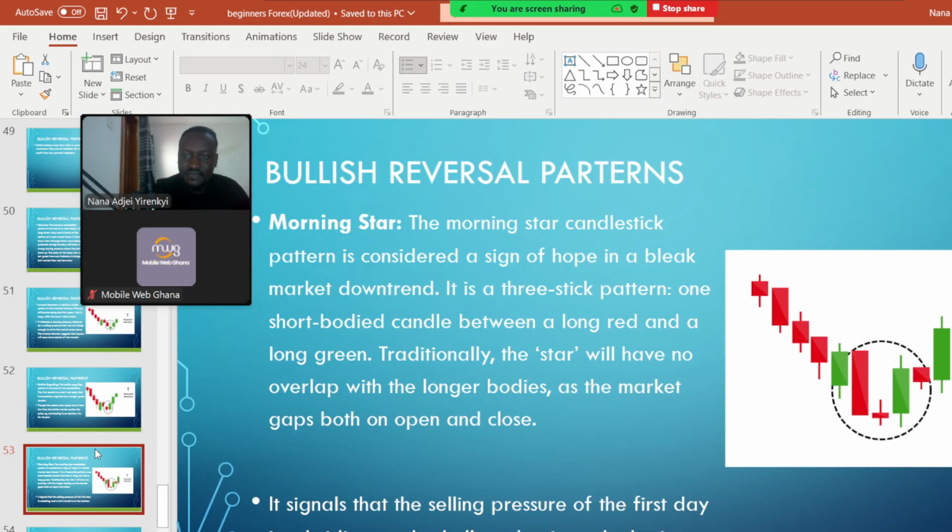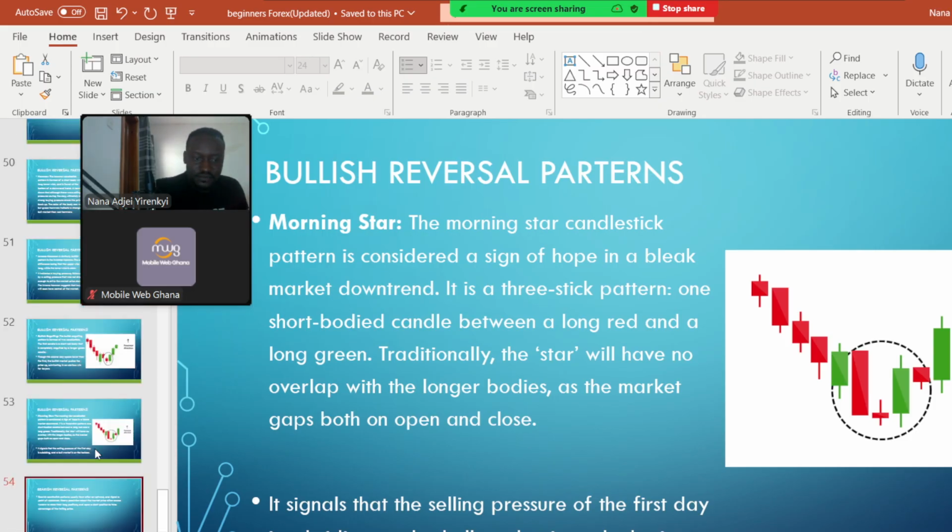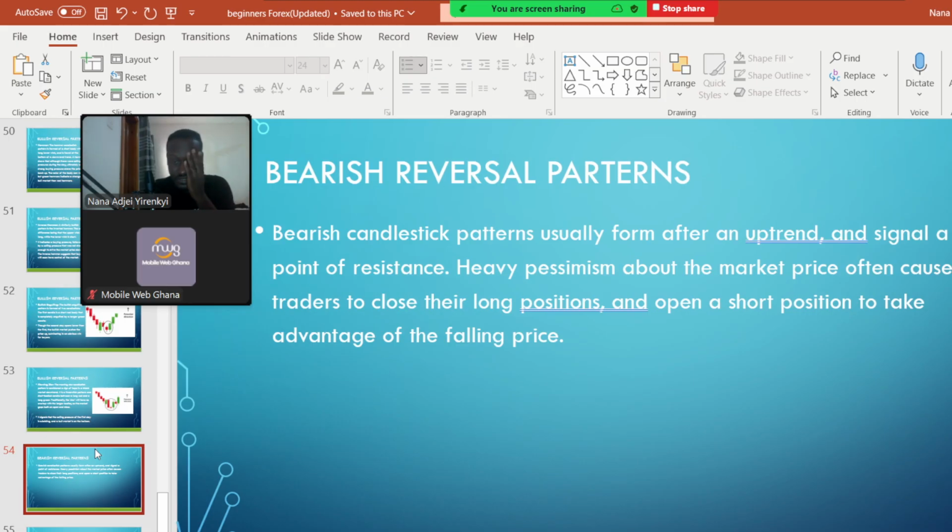There are other bullish reversal patterns that you can find in the Candlestick Trading Bible, and that document has been shared on the resource tab so that you can widen your knowledge on these candlestick patterns for confirmations.